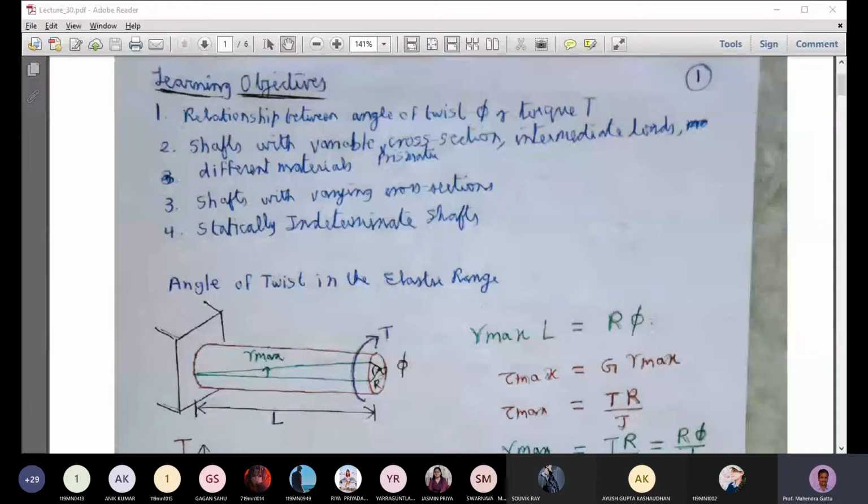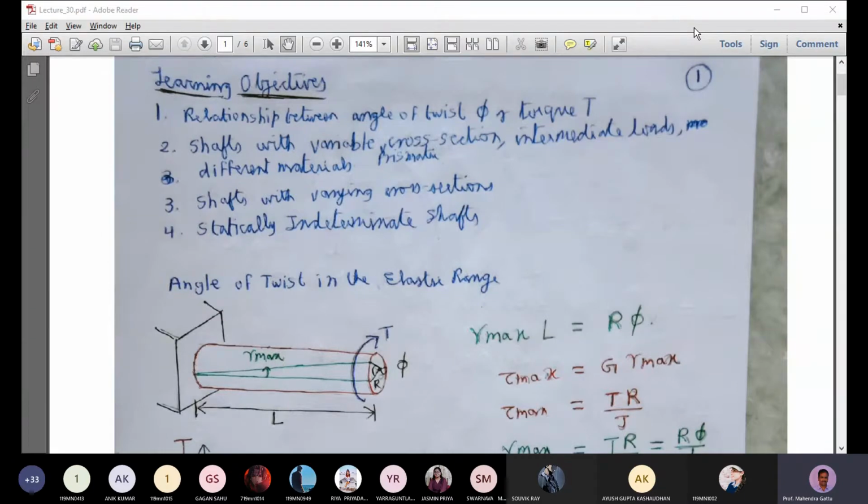And then we found that we can apply Hooke's law if the shear stress is less than the yield stress. So we get tau is equal to G gamma, and gamma is the shear strain.